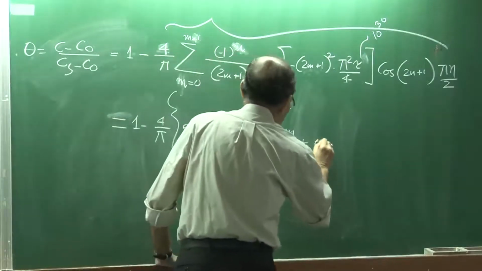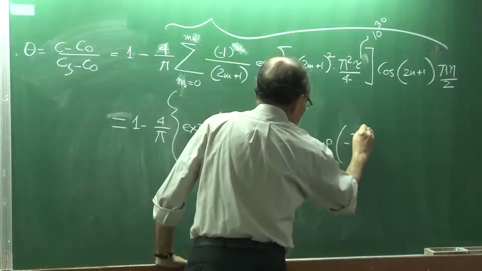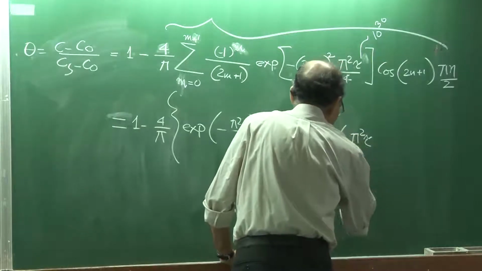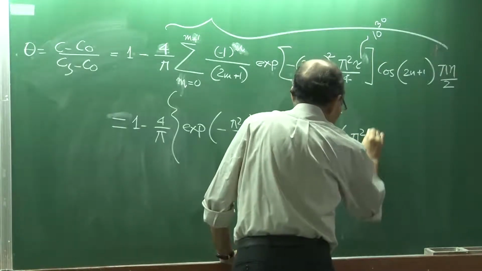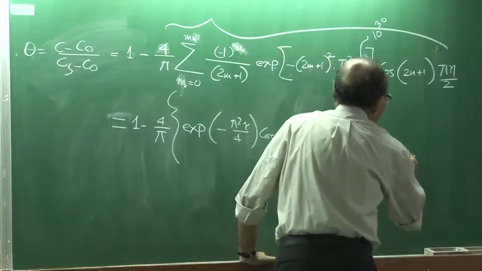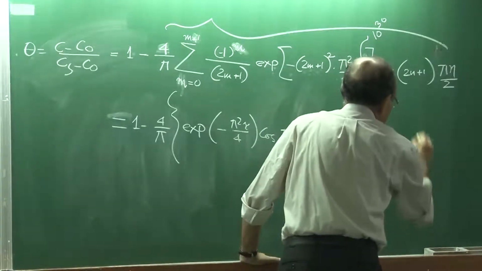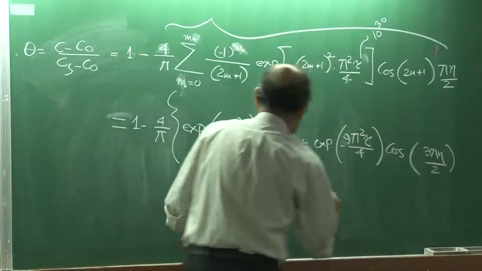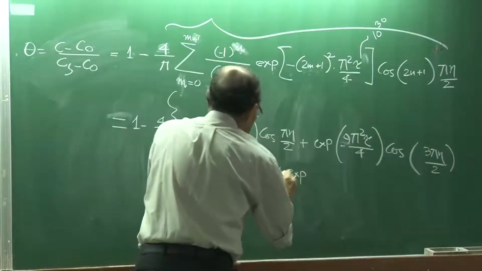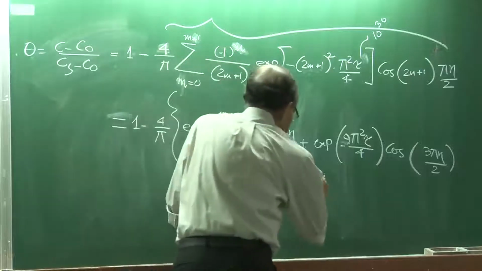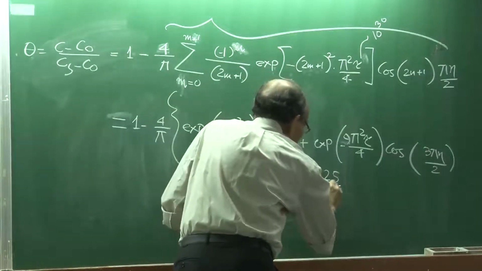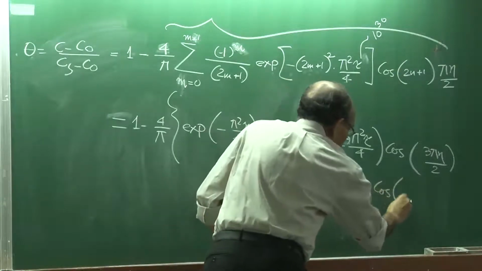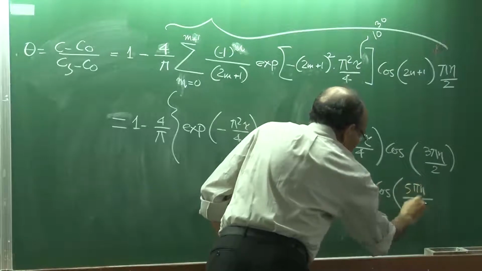Then we have exponential minus pi square tau, and this is now 1, so it is 9 by 4, and this is going to be cosine of, n is equal to 1, so it is 3 pi eta by 2, and the next term is going to be exponential, n is equal to 2, and this is going to be 25 by 4 pi squared tau, and cosine of 5 pi eta by 2.